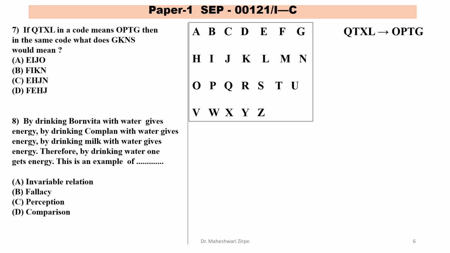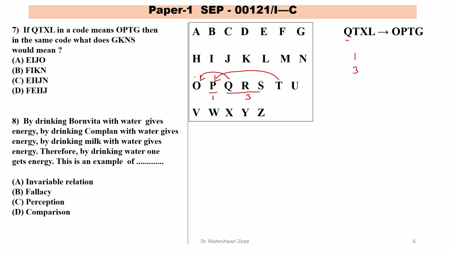Now after Q, if we see O, if Q is related with O, you can see here it has jumped backside. Then T is related with what? P. So T has jumped how many? 1, 2, 3. After three options it has jumped. This has jumped after one option.